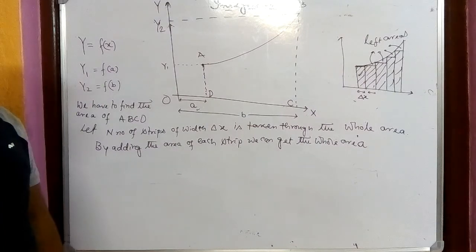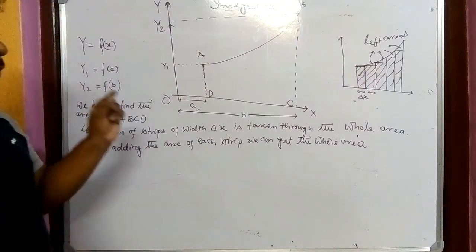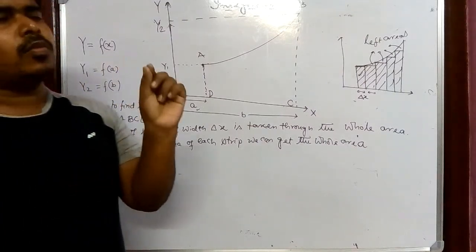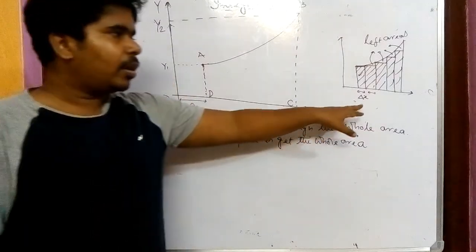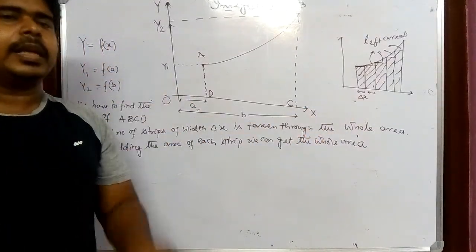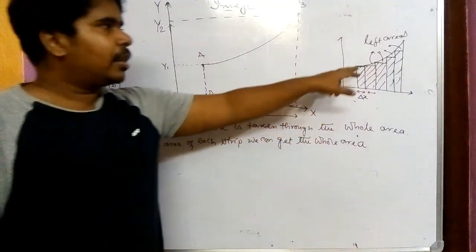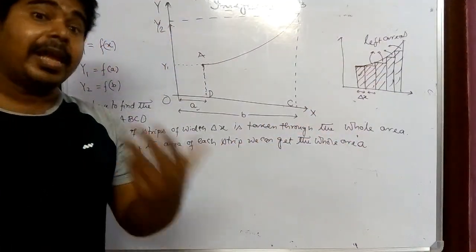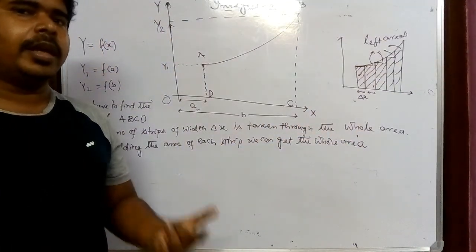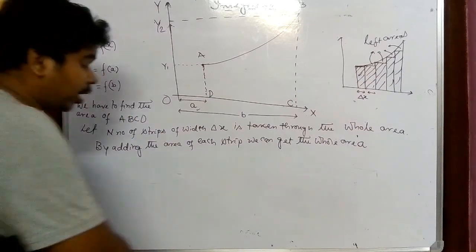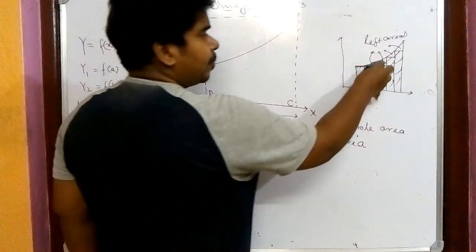Now what do we think? If I decrease the width of the stripe, delta x, then the left areas may be abolished. You might be wondering what that means. So let's see.